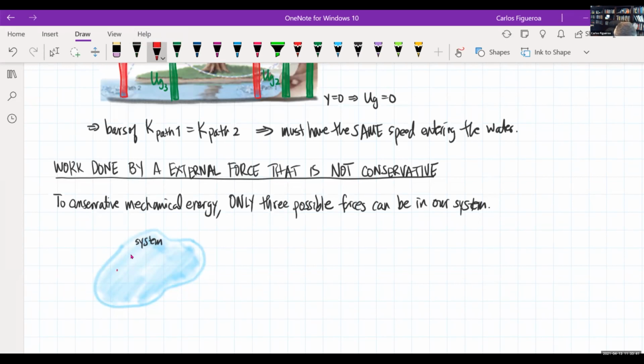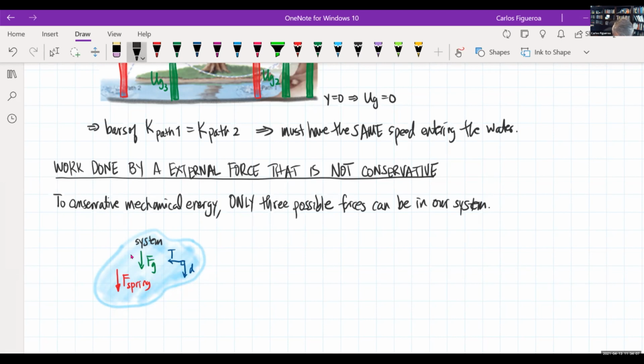Initially we said we could have a spring force, we could have a force of gravity, and now we've added a force and said we could have tension. But this tension can only be in such a way that the tension is perpendicular to the displacement.